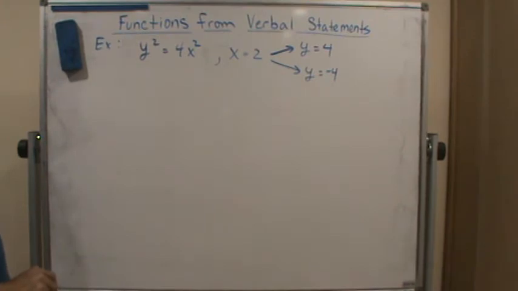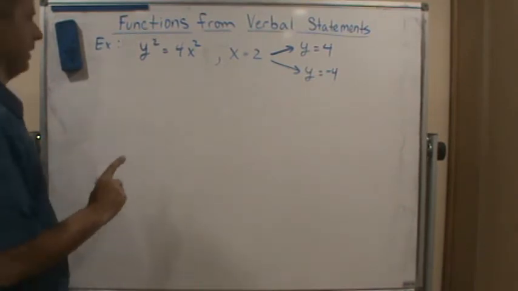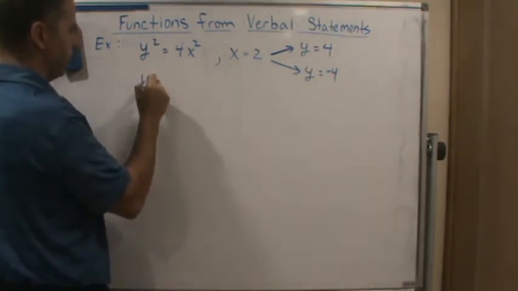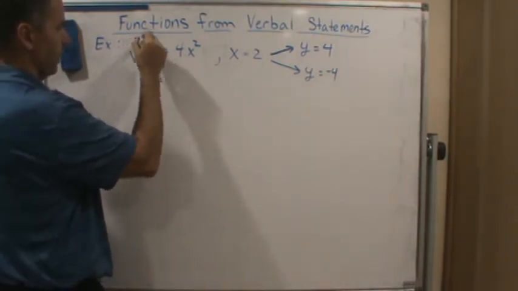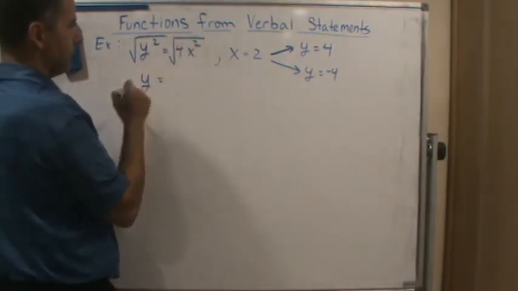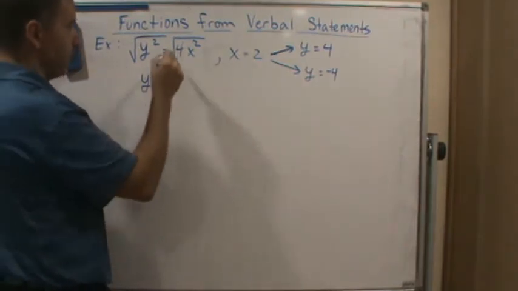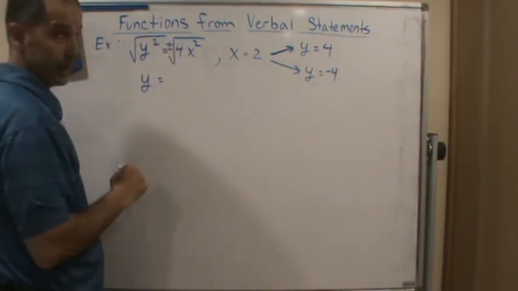And the way to see this is to solve for y. Put it as y equals, and if I take the square root of both sides, because it's a square root, I have to consider plus or minus.